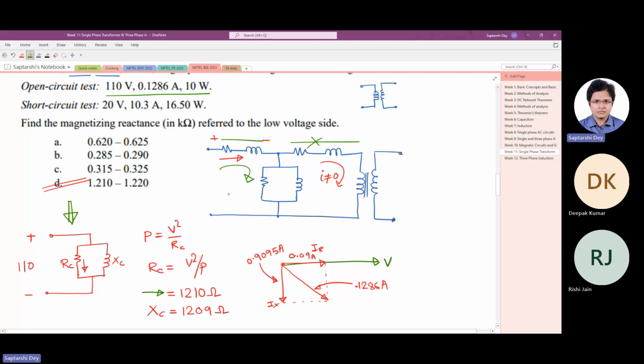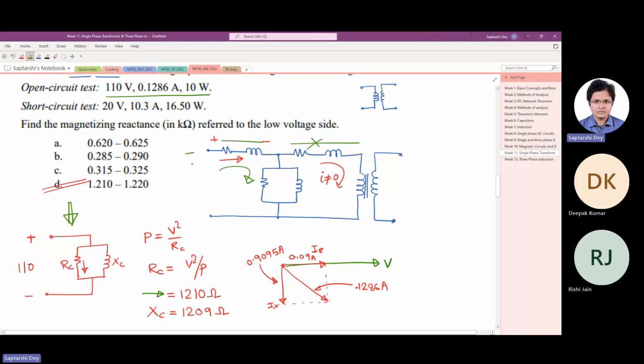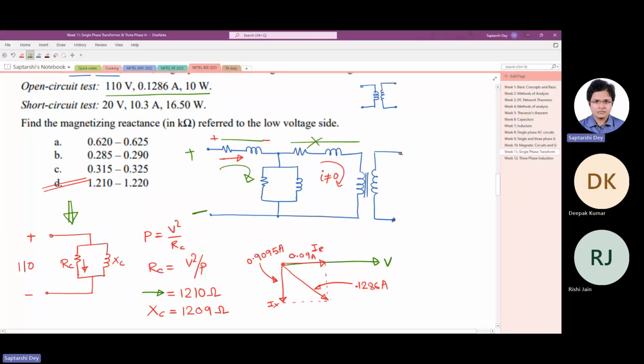So since this current is very less, this supply voltage here is dropping at two places. One is the leakage impedance of the primary or the low voltage side. The other one is the magnetizing branch. Since the low voltage side leakage impedance drop is very less, we can ignore it.